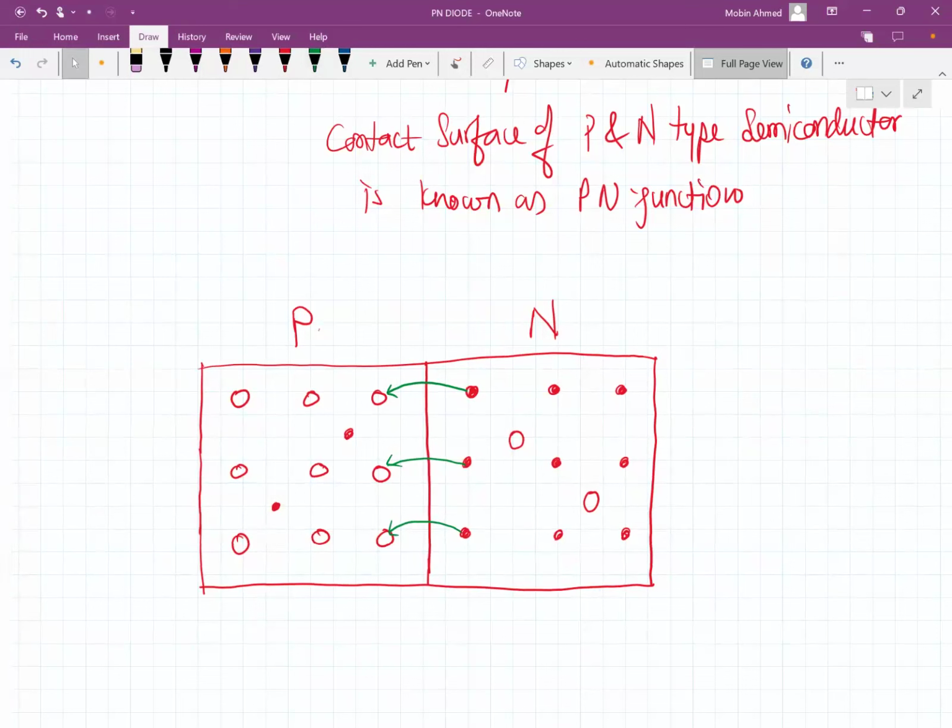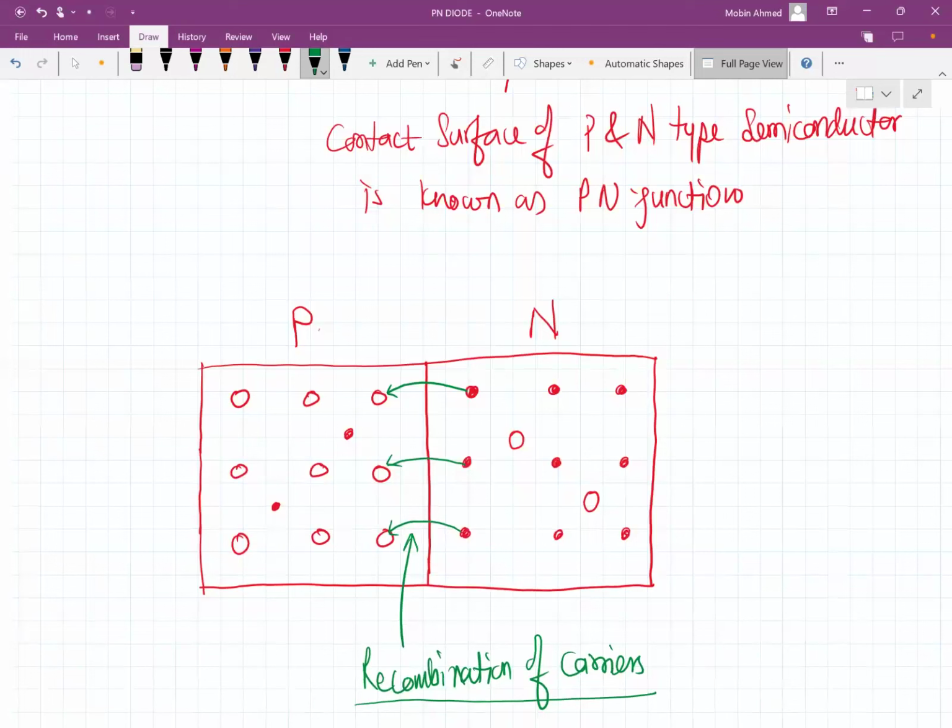If it falls, then this is known as recombination. Already I have told you what recombination is. Recombination of carriers. So if the recombination of carriers happens, there will be no electron and no hole.